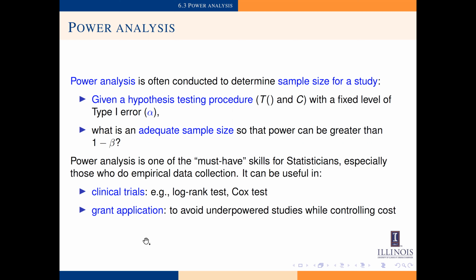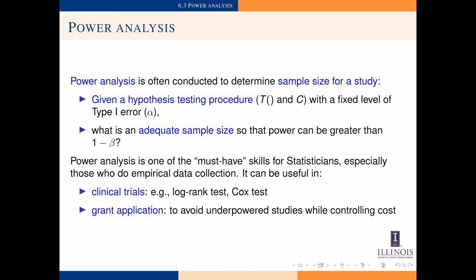Another situation where power analysis can be really useful is for grant applications. Whenever you submit a grant proposal, for example, to the National Science Foundation, the NSF, if your study involves collecting empirical data and doing some hypothesis testing, often some sort of power analysis is a must.